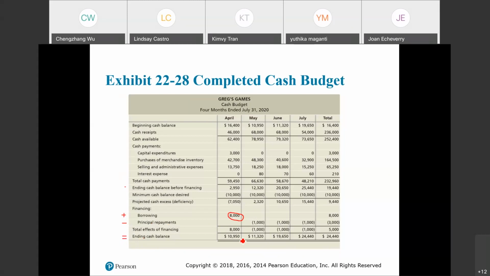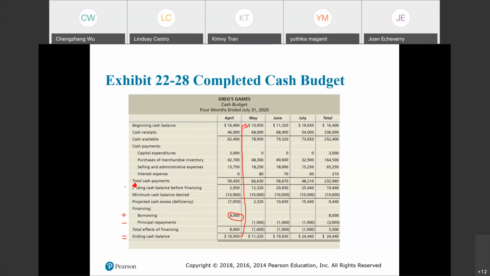Well, this amount should be carried as the beginning balance for the next accounting period. The beginning cash balance plus cash receipts minus cash payments is the total cash balance before financing.